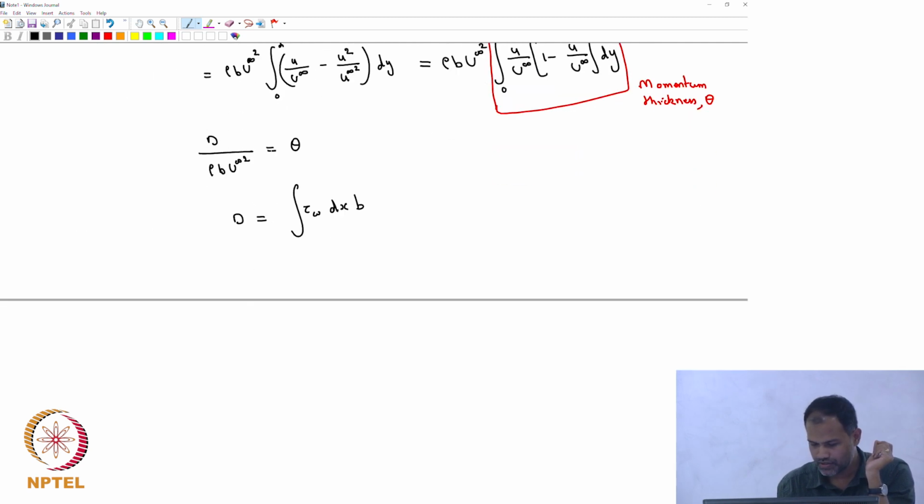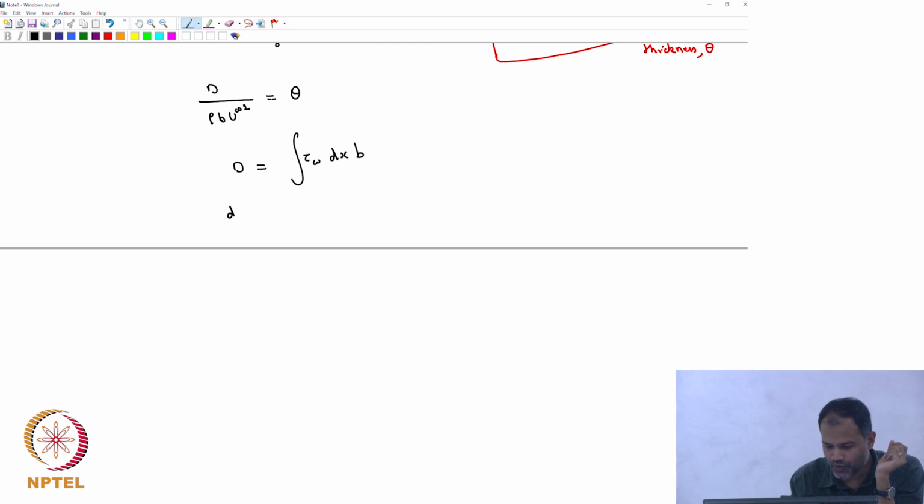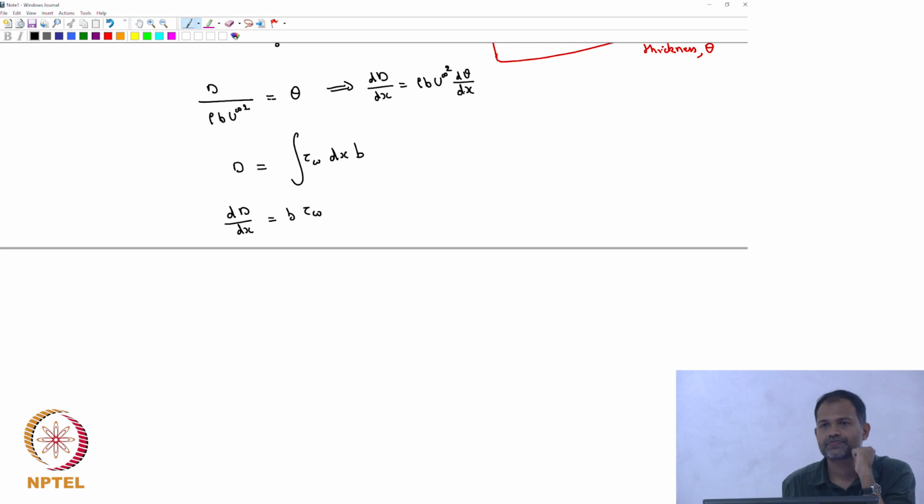So if I do a dD by dx, I am going to get b times tau w. In other words, shear stress is nothing but the derivative of the total drag force with respect to x. I could also write dD by dx is equal to rho b U infinity square d theta by dx, where I had defined theta as some integral.